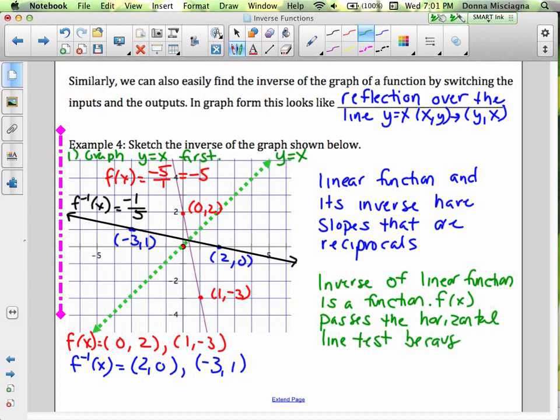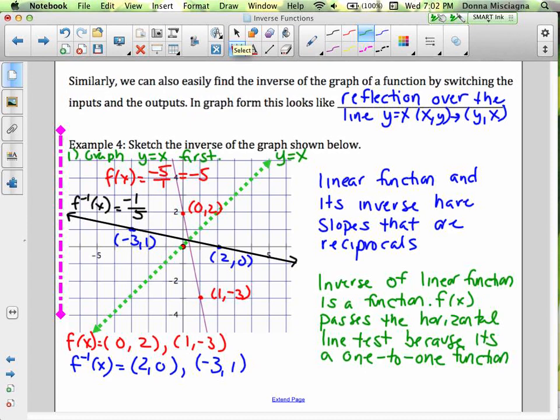And that's because it's a one-to-one function. Every x is matched with one y, and likewise every y is matched with one x. Otherwise it wouldn't be a line. It would be turning around if the same y could be matched with more than one x. So the inverse of a linear function is a function.